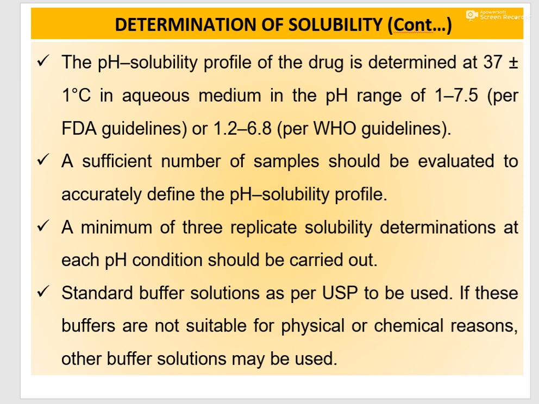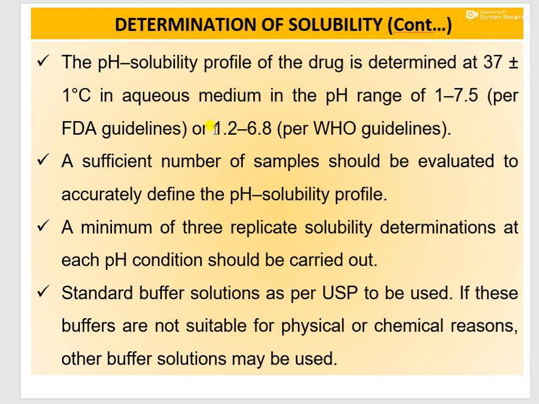The pH solubility profile of a drug is determined at 37 degree plus or minus 1 degree centigrade in aqueous medium in the pH range. Now if you are following FDA guideline, then pH range is 1 to 7.5, and if you are following WHO guideline, then you can use pH range from 1.2 to 6.8.